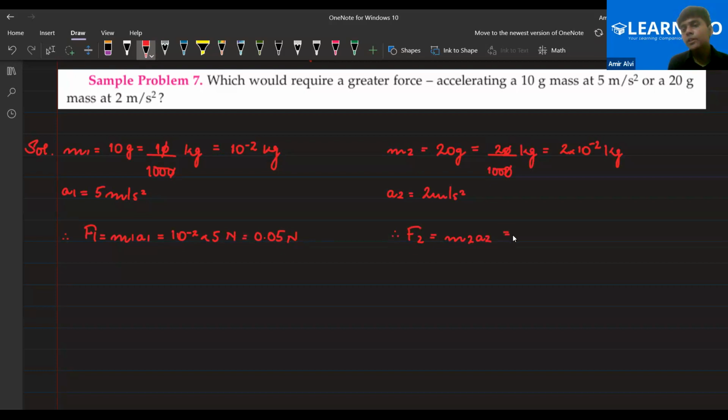Substitute the values: 2 into 10 to the power minus 2 into 2. That is 4 into 10 to the power minus 2 Newton, which equals 0.04 Newton. Now you can see that 0.05 is greater than 0.04. It means that the force required for the mass of 10 gram will be greater than the force required for the 20 grams. Right, everyone?